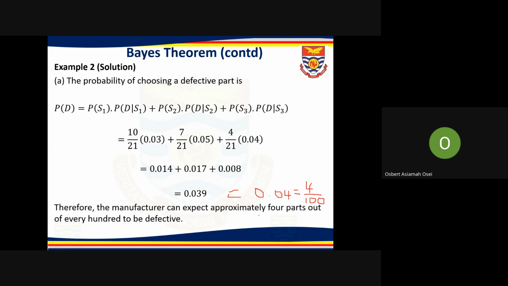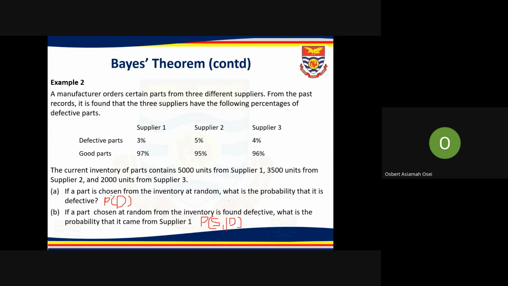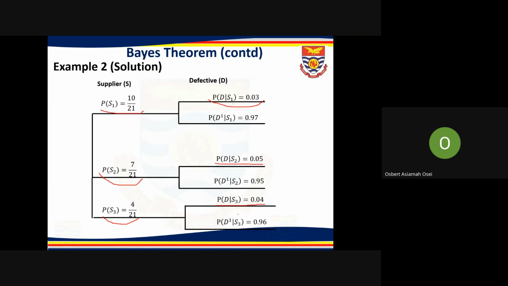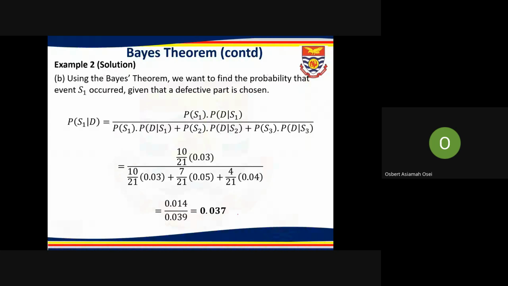So the second question now tells us, using the Bayes theorem, that the part is found to be defective. What is the probability that it came from supplier 1? So P of S1, given that D has occurred. To do that, we go by the formula for P of S1 given that D has occurred.